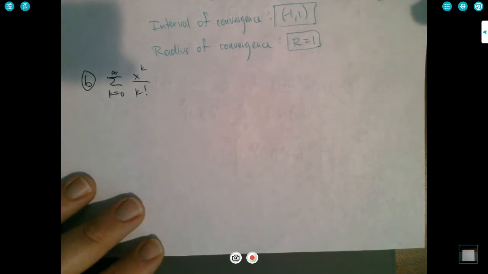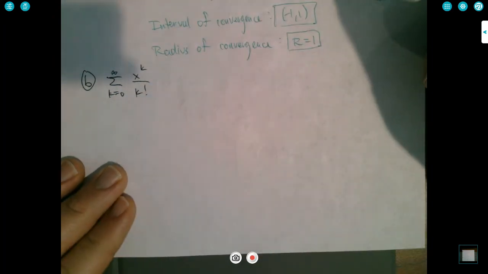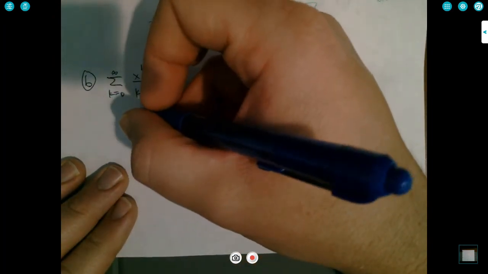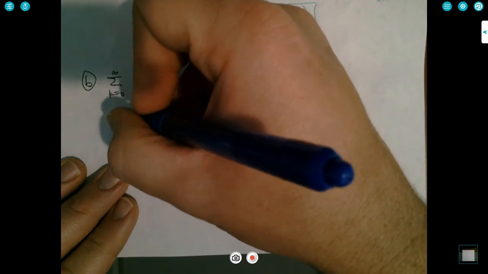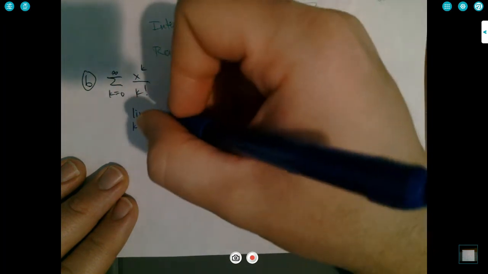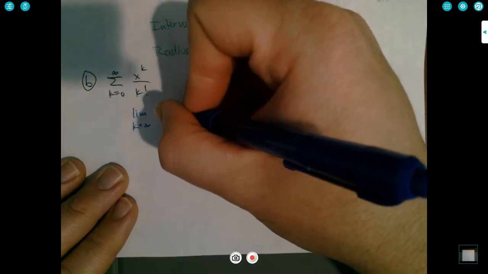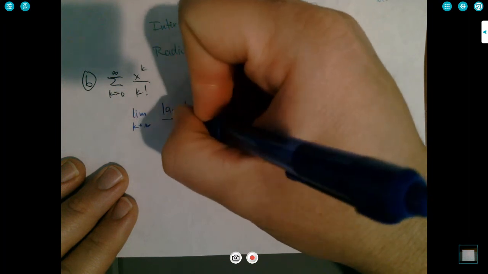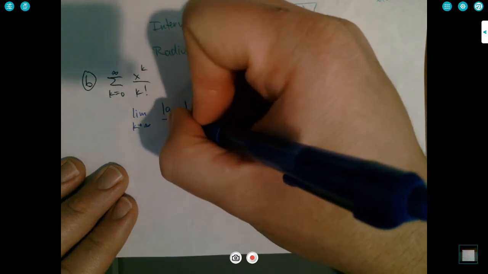The ratio test for absolute convergence. Okay, so we're going to take the limit as k approaches infinity of the absolute value of a sub k plus 1 divided by the absolute value of a sub k.